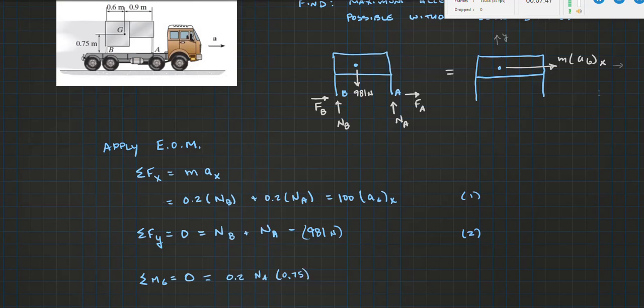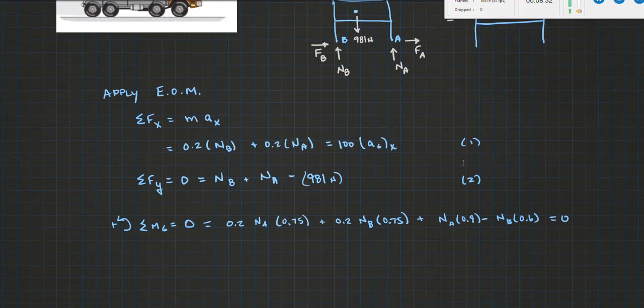So that is 1 friction force, and the other is at B is 0.2 times the normal at B times 0.75, the distance to the center of mass, and then we add to that the normal force of A times 0.9 minus the normal force of B times 0.9, and that's because we're going to say that as our clockwise. Not 0.9, but 0.6. The distance is different. And this equals 0.